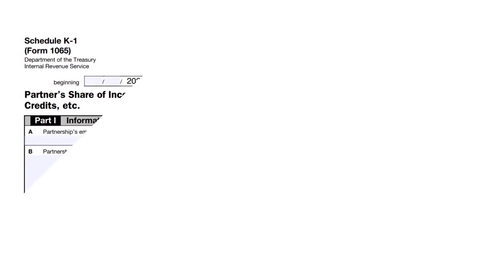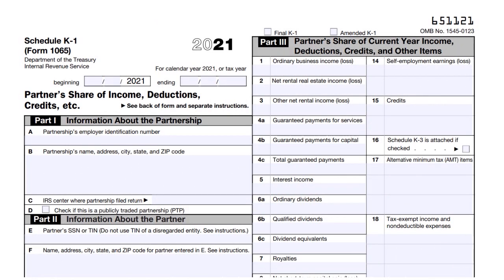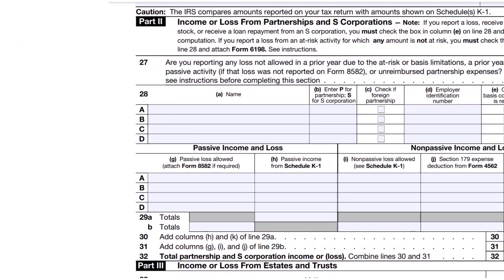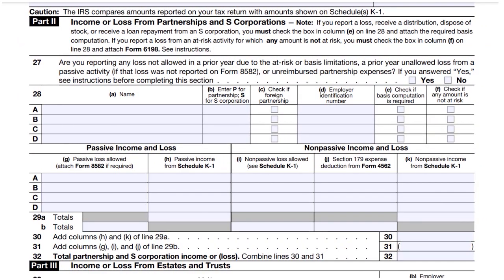It will also need to provide a Schedule K-1 to each member of the LLC, which includes each partner's share of income, deductions, and credits. And on your Form 1040, you will include the information from your K-1 on Part 2 of Schedule E. Form 1065 and Schedule K-1 are due by March 15th, and reporting that information on your Form 1040 and Schedule E is due by April 15th.